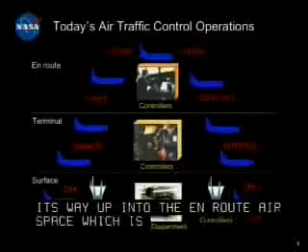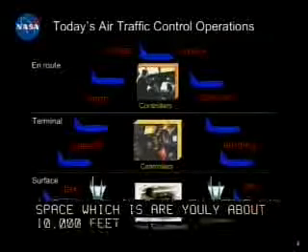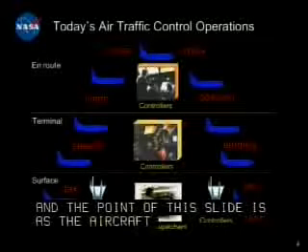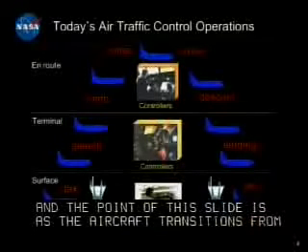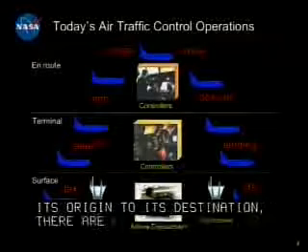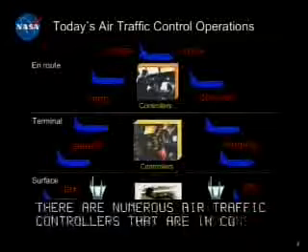And the point of this slide is as the aircraft transitions from its origin to its destination, there are numerous air traffic controllers that are in constant communication with that aircraft.